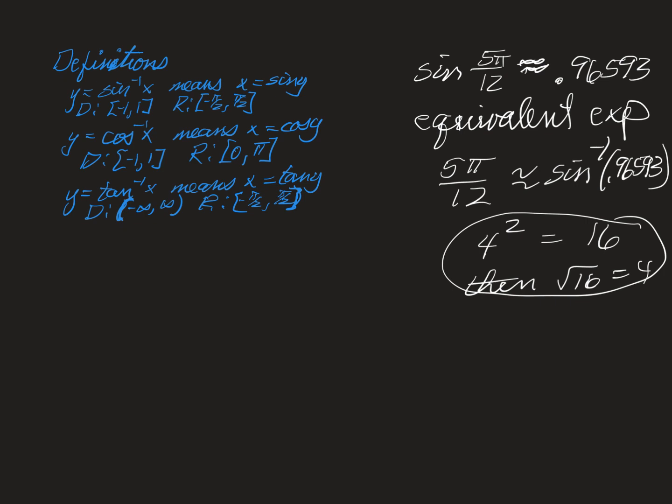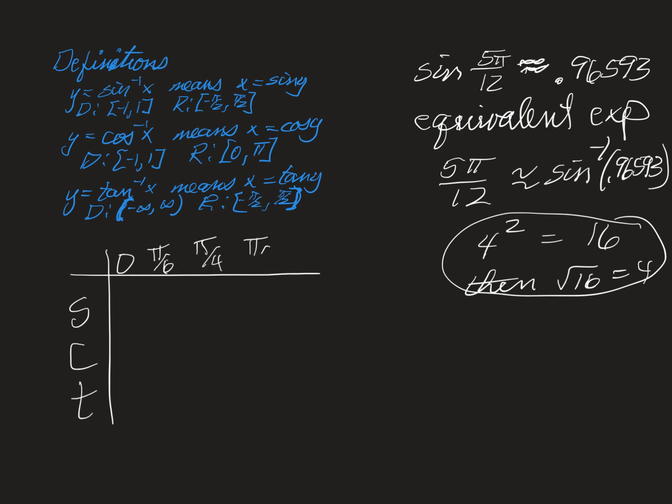Now, the next thing you want to be able to do is evaluate inverse trig expressions for special angles and their ratios. So if we look at the table again, sine, cosine, tangent, 0, pi over 6, pi over 4, pi over 3, pi over 2, and notice I'm just showing you can write this.